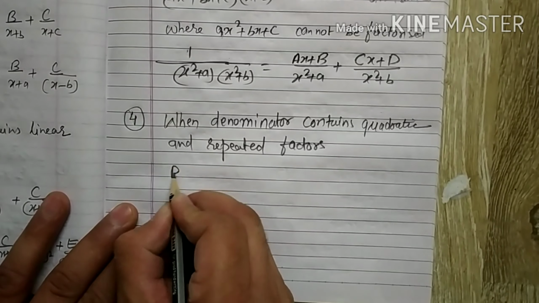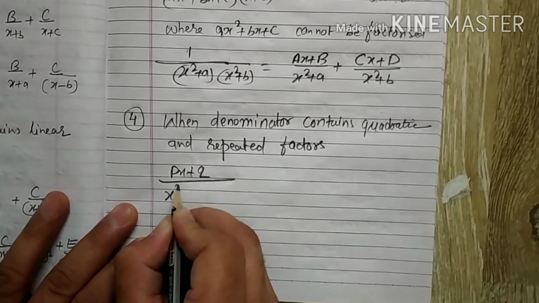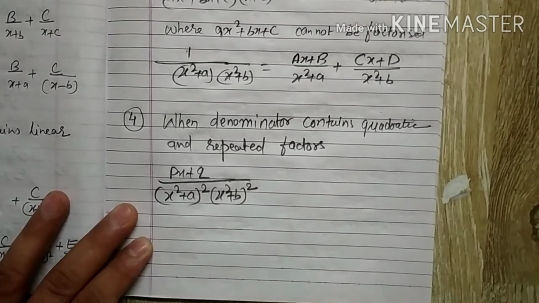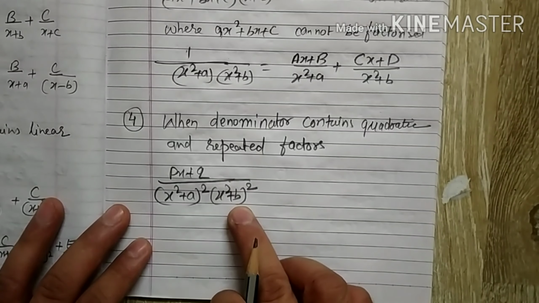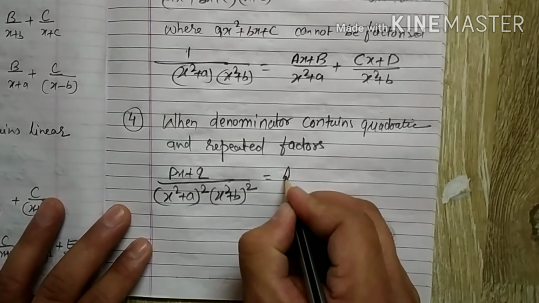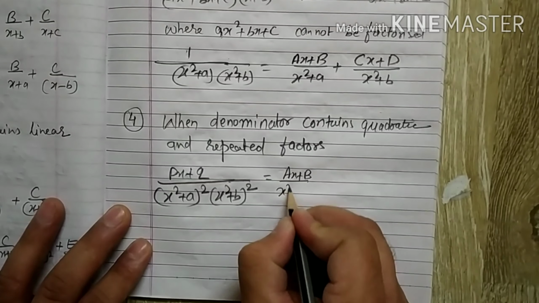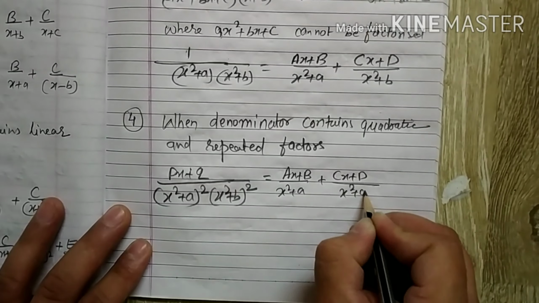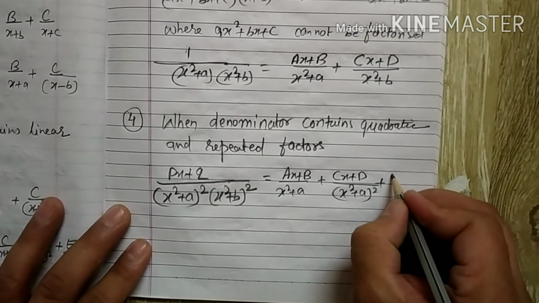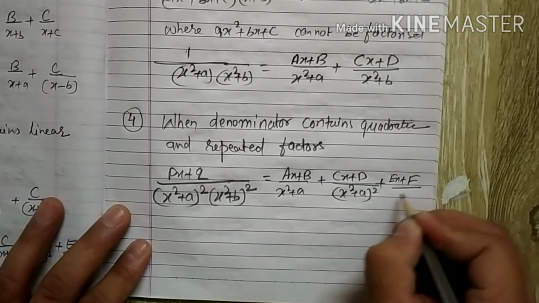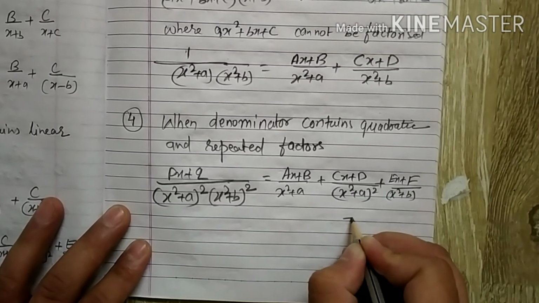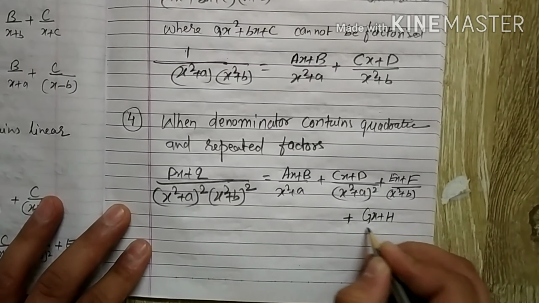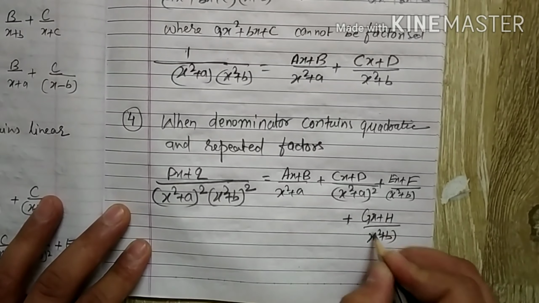How will we write it? px plus q, and suppose x square plus a is repeating 2 times and x square plus b is repeating 2 times. Then we write ax plus b over x square plus a, cx plus d over x square plus a whole square, plus ex plus f over x square plus b, and last gx plus h over x square plus b whole square.